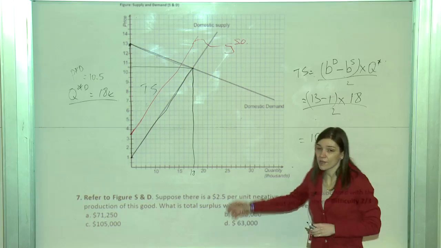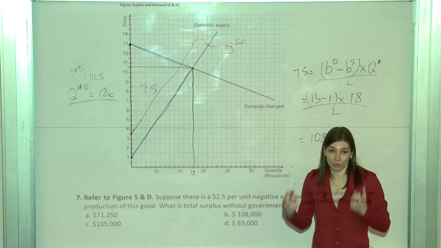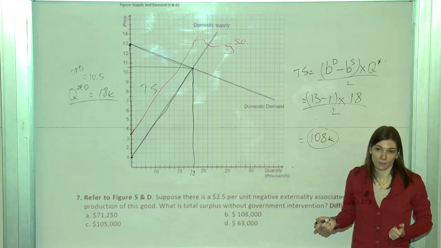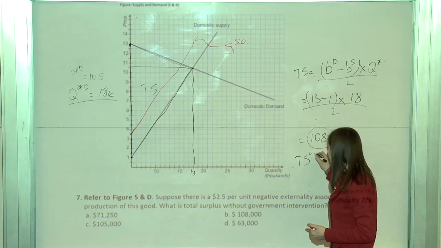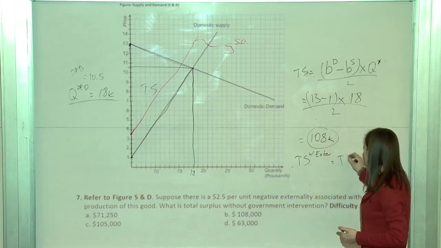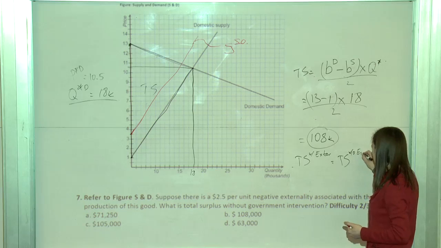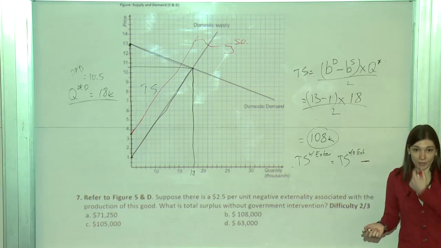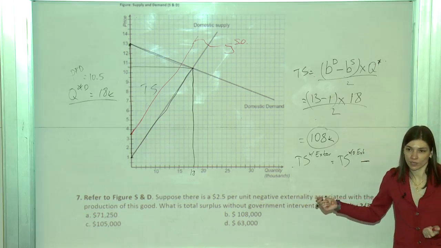No, so the 2.5 is per unit. This is the amount of money that I'm going to be losing per unit that this does not account for. So total surplus with externality is going to be total surplus without the externality, and then from that, I'm going to subtract however many units I sold times the amount of the externality, right?